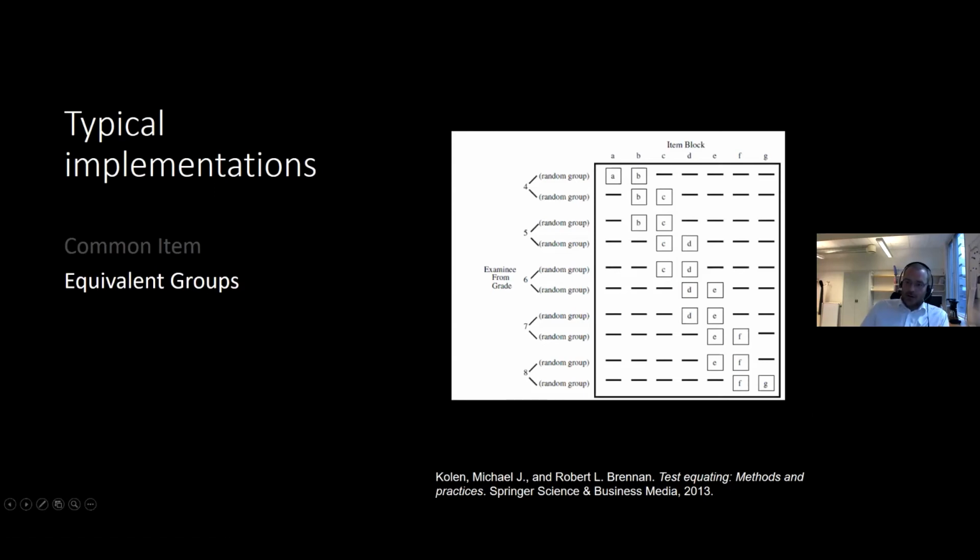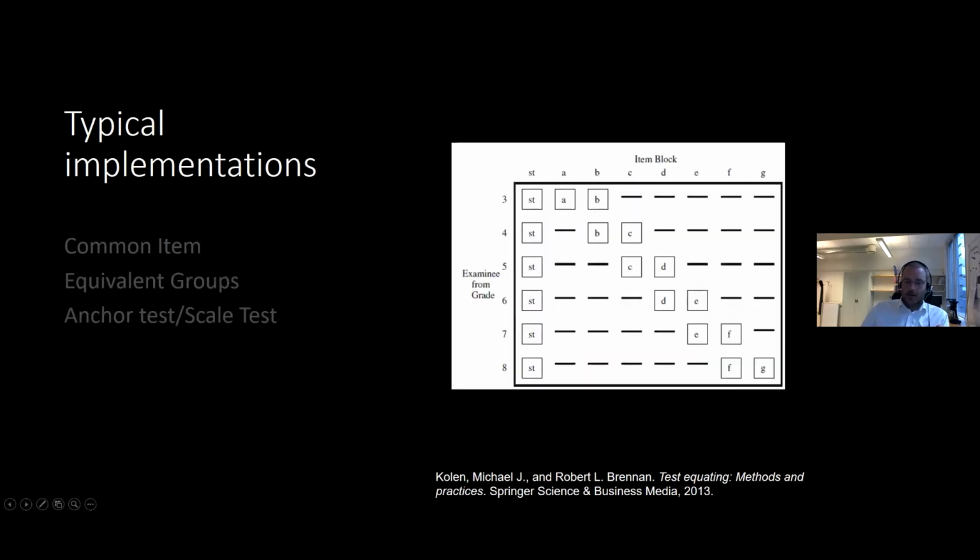But if you share something between them as well, you get an even stronger link. And you have something called an anchor test or a scale test design.